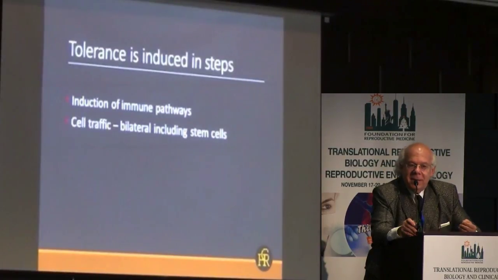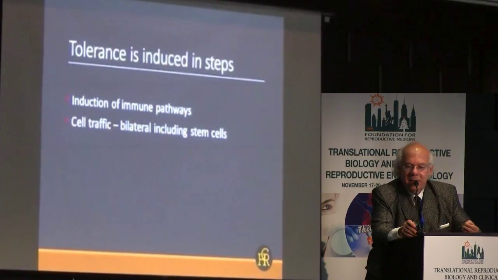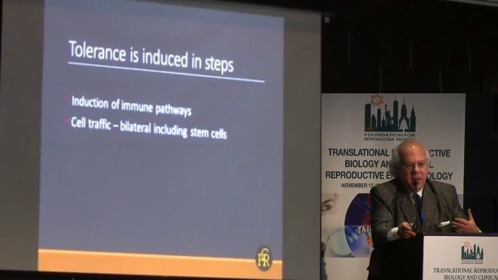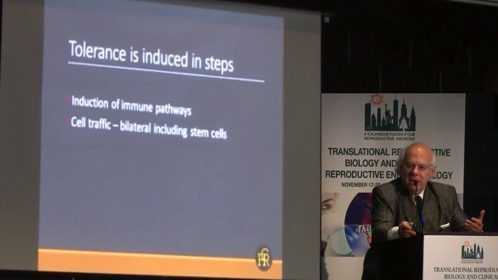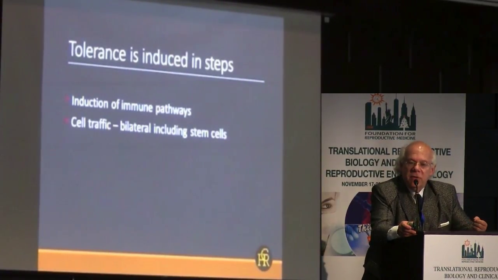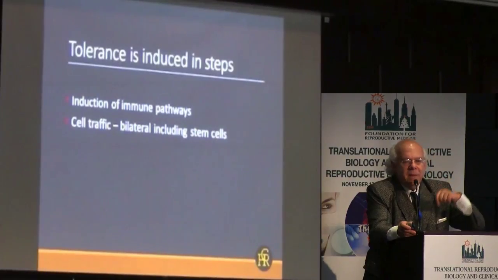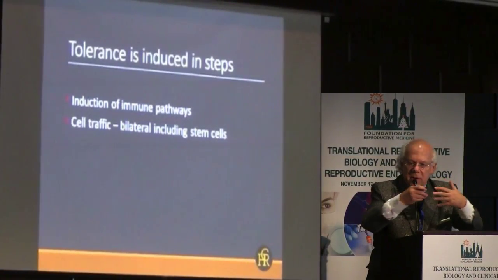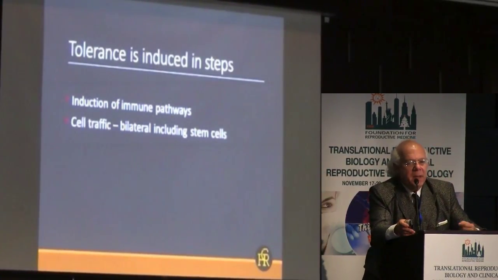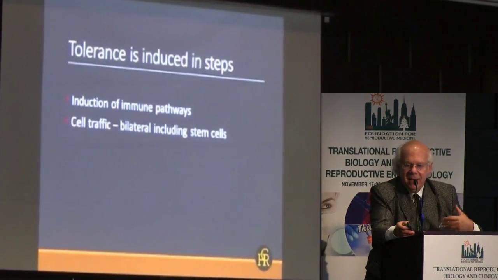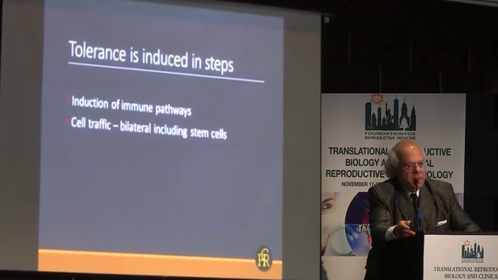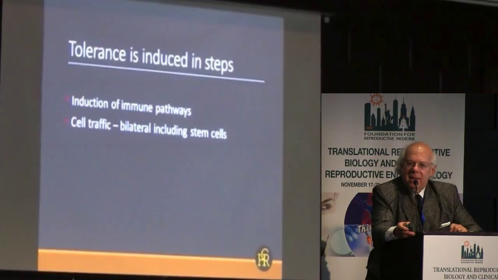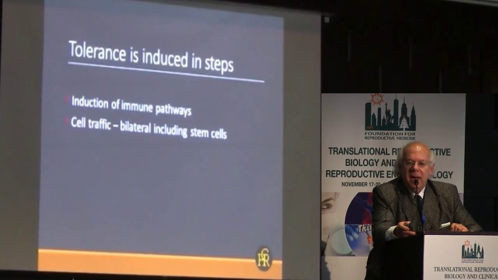But just as fetal cells enter the mother and establish microchimerism in the mother's system, so do her cells enter the fetus. And this mutual microchimerism establishes a second wave of tolerance. And this second wave of tolerance is highly effective.